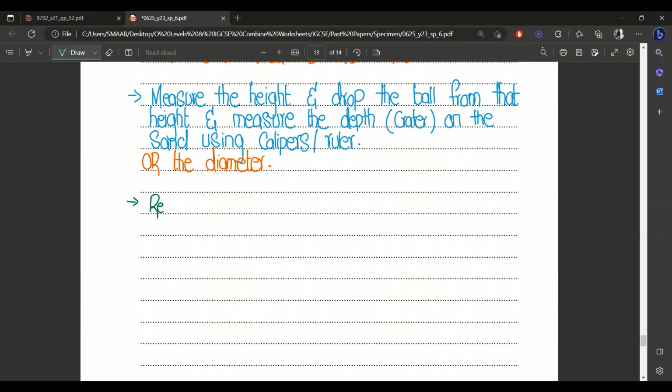So we have to repeat for the other values, because we have to change the ball and we have to again measure the diameter, right? So we have variable factors, so we have to change and then record the readings again.